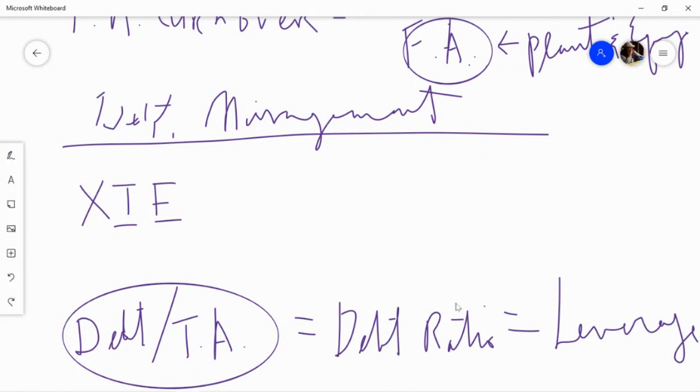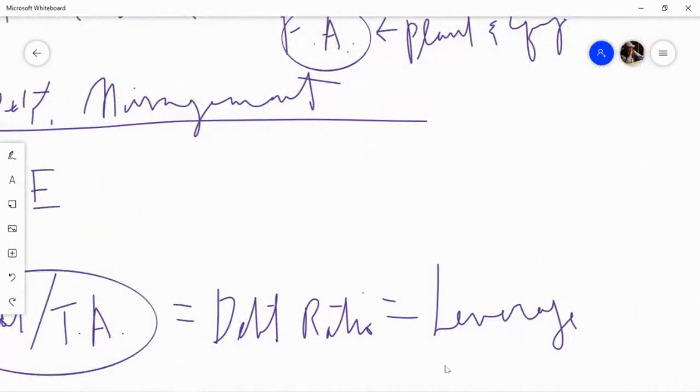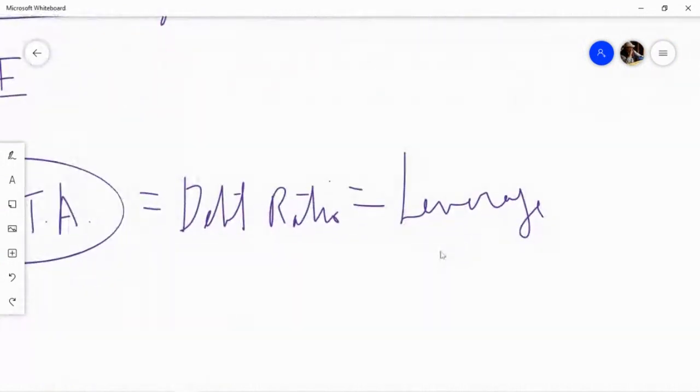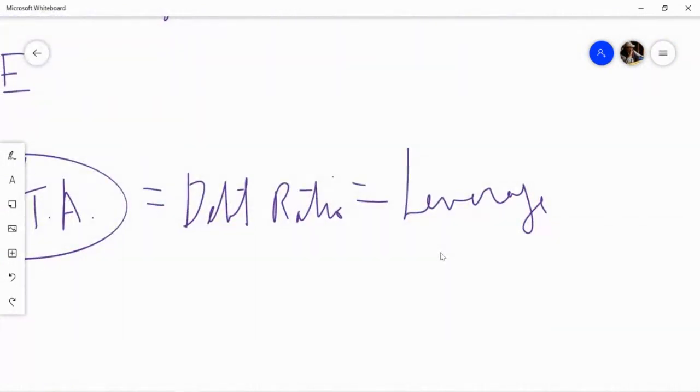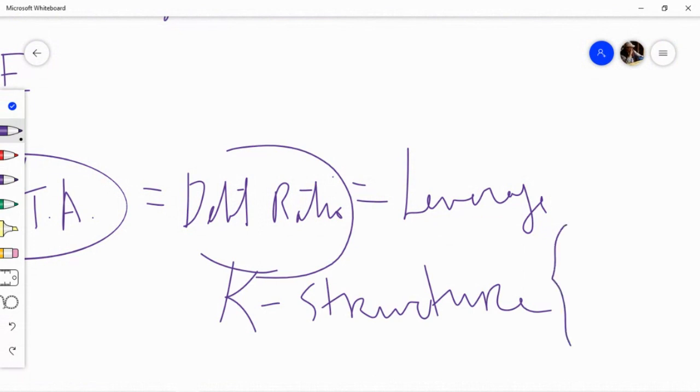If you understand what capital structure is, and I talked about capital structure, this is obvious. It's part of the capital structure, because capital is either debt or equity.